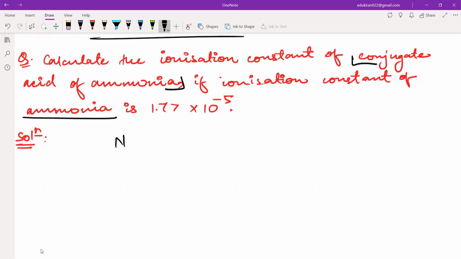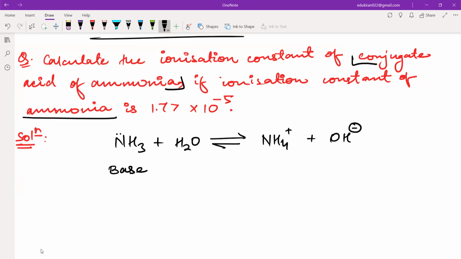So NH3, I will react this with water, and NH3 has a lone pair. It will abstract one of the protons from water, and it will give me NH4 positive plus OH negative. Now ammonia is acting as a base, and NH4 positive is its conjugate acid. For a base I am going to write Kb, and for an acid I'm going to write Ka.